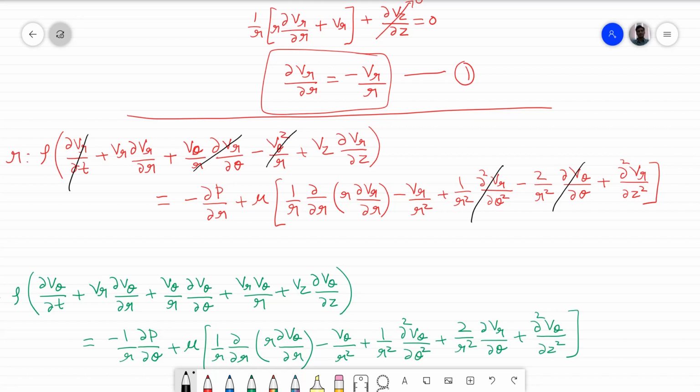And also there is no pressure gradient in r direction. There is no gravity, so in radial direction there is no pressure gradient. The pressure gradient only exists in the z direction, so we'll neglect this also.